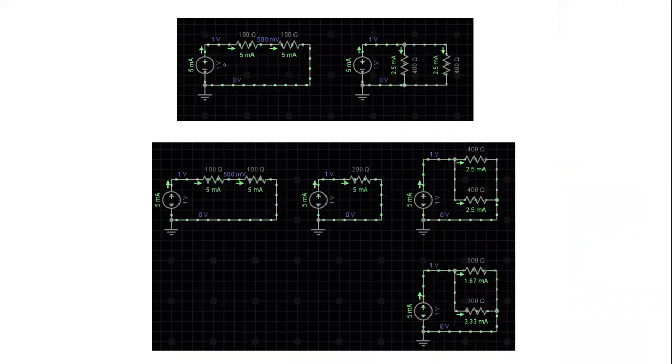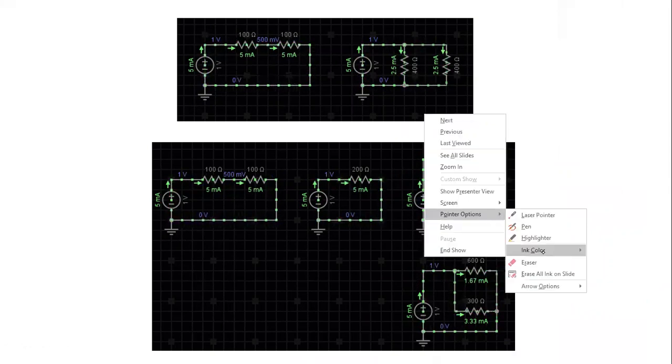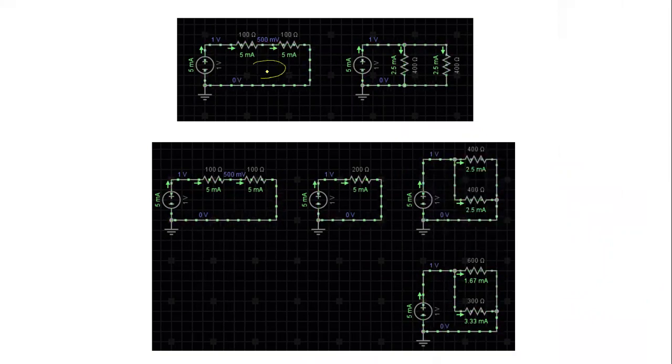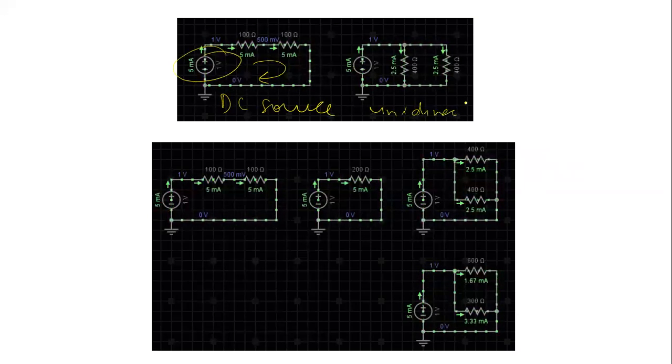As you can see, the current is flowing in one direction here, and that is because it is a DC source, so it is unidirectional. Now here, the current is dividing into this branch and this branch, and then meeting at this particular junction.